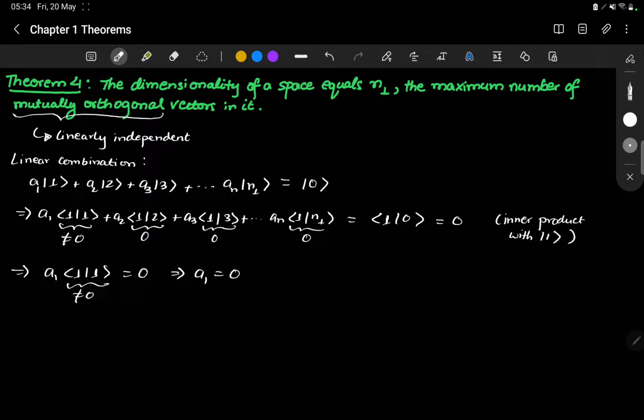What if we take the inner product with the second vector?